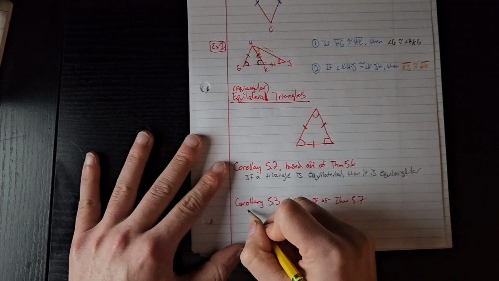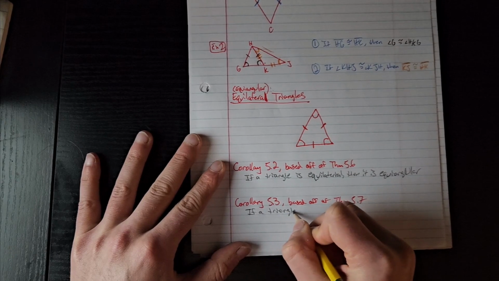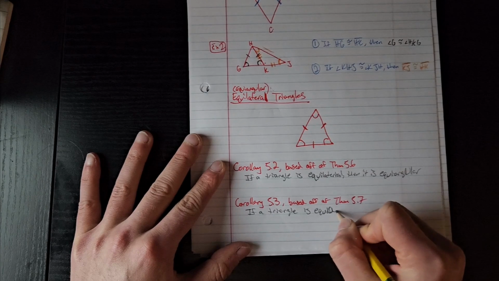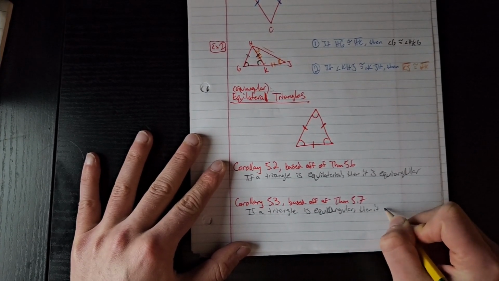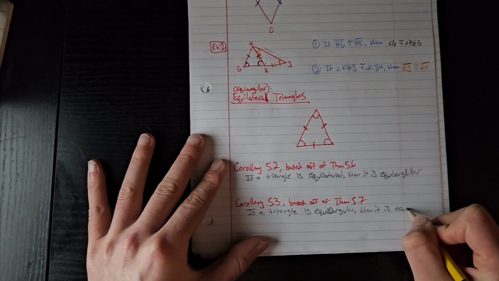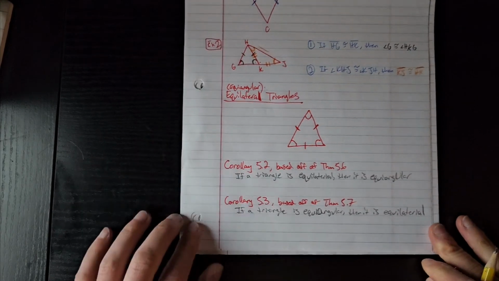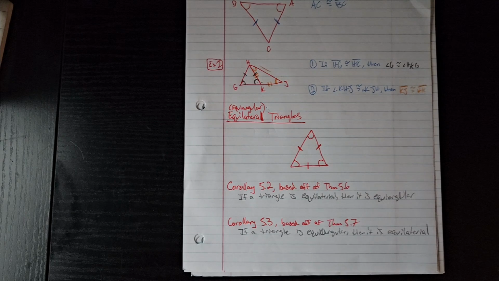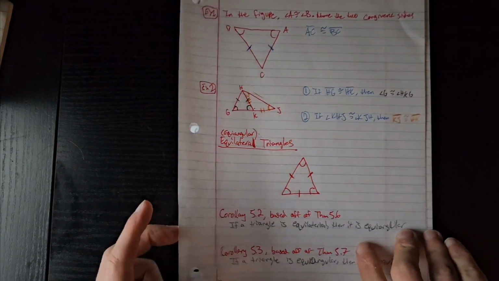It states that if a triangle is equiangular, then it is equilateral. Which is why we can combine both of them together to make one triangle. Yay! We have some examples to work with this.